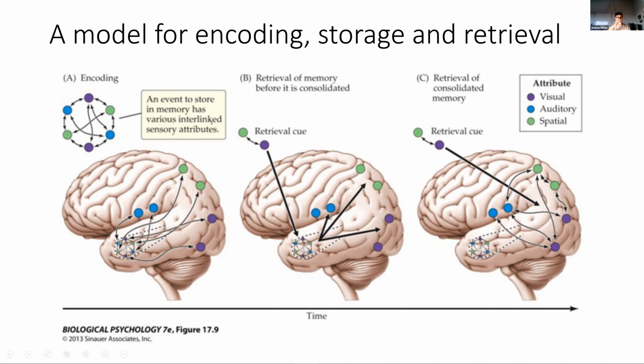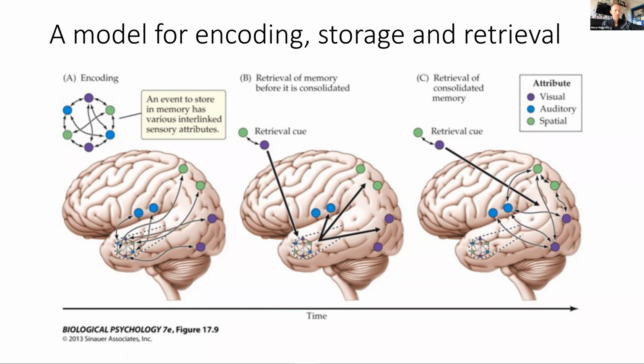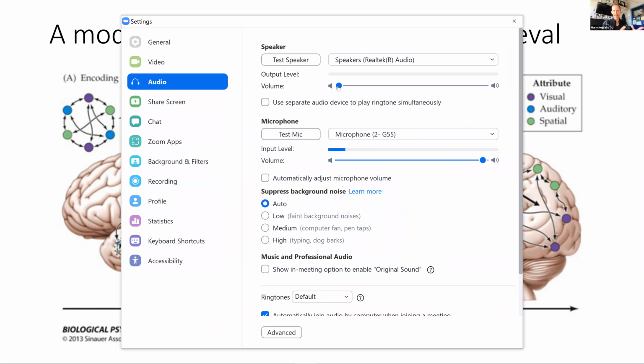So the difference between the short-term storage and the long-term storage, I think, is really fundamental here. We do believe that there is a combination between the neural network activity and the activity of the secondary molecular cascades, and also of sleeping.